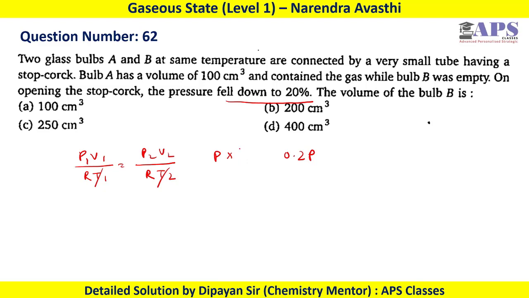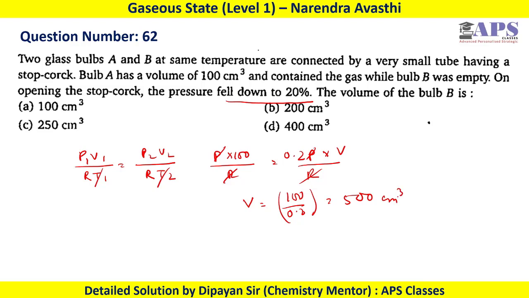And if initial volume is 100 centimeter cube, we have to calculate the final volume, that is V. R will cancel, pressure will cancel. So from this we can calculate volume, that is 100 divided by 0.2, so it will become 500 centimeter cube.